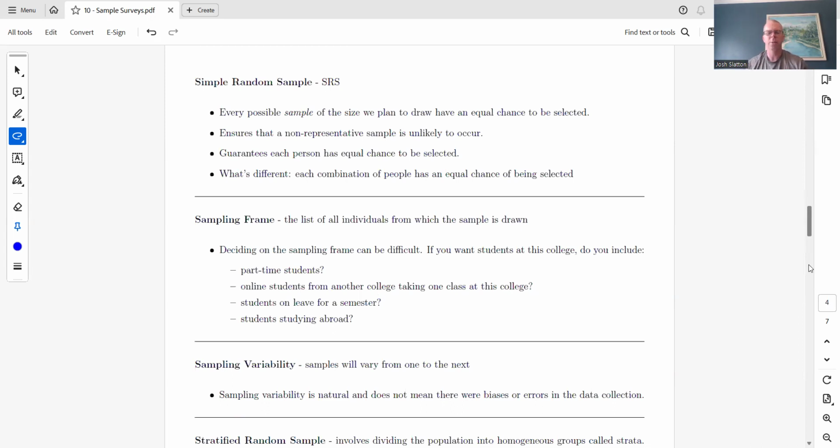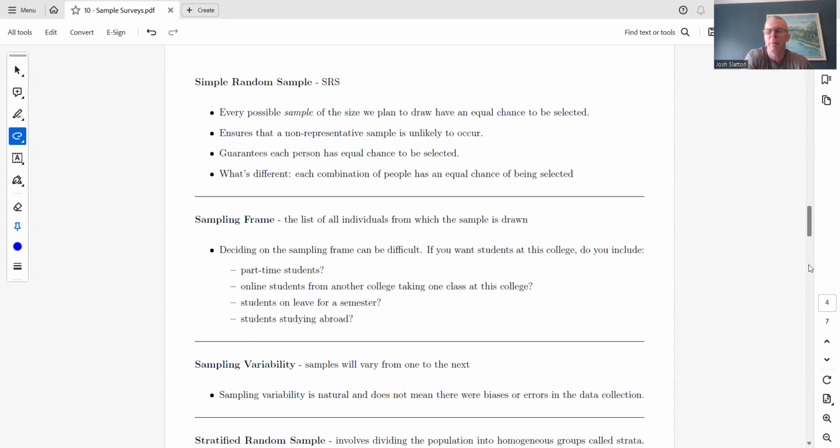So now we're going to get into a few different types of sampling methods. And so the first one is just very basic, simple random sample. And so this is where every possible sample of whatever size we want to draw has an equal chance of being selected. This is just a completely, truly random sample.